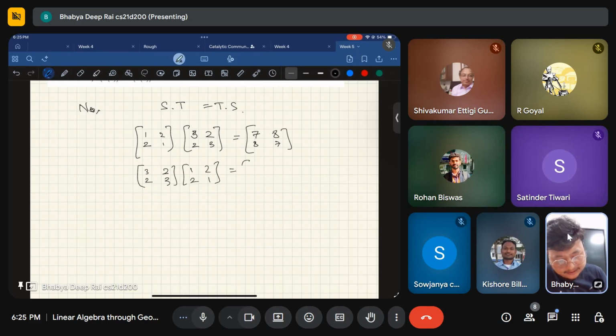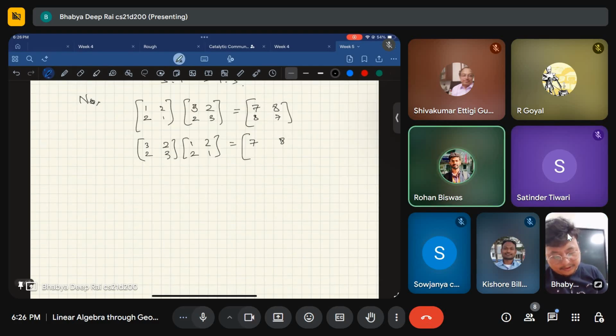Let's see. 3 1s. Okay, it's already not commuting. Oh wait, it is commuting. 7. 3 2s is 6, 6 plus 2 is 8. Yeah, it is commuting, right? I found one example, sir.